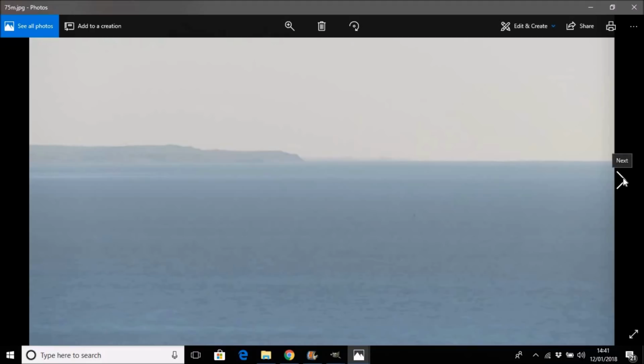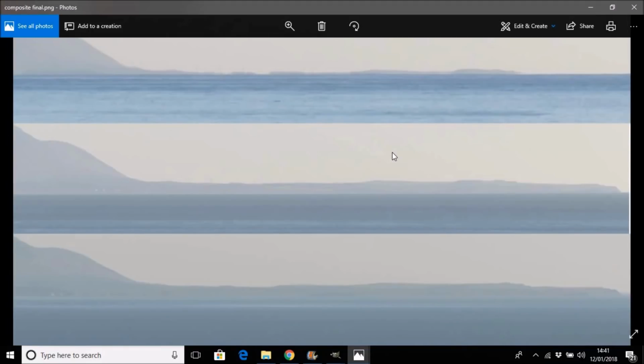I've put these together into a composite so you can see that they line up, and you can see that this area of land here from the 25 meter elevation, which is a characteristic profile, matches exactly what we're seeing here. And so you can conclude that the remainder of the land here is not actually visible in this shot, presumably because it's below the horizon.